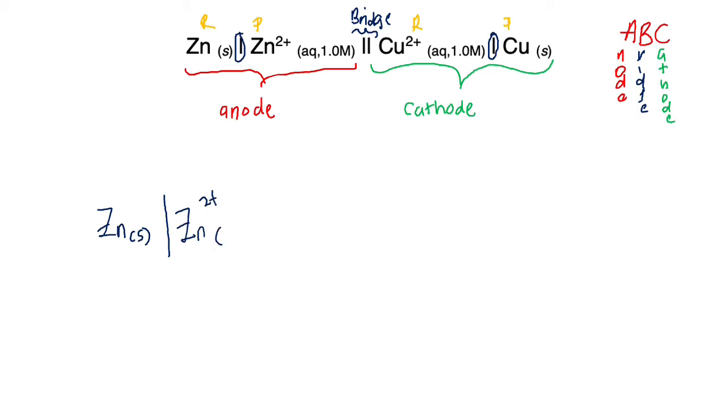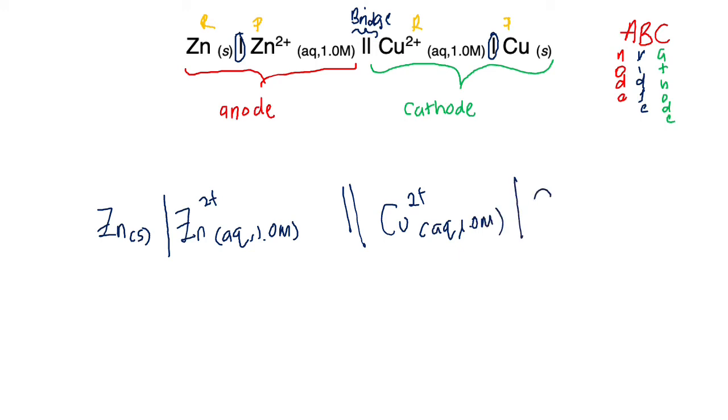The state is aqueous, and if they give you the information about the concentration, write it. So 1.0 M. And then the bridge, and then copper 2 plus, again the state, which is aqueous, and 1.0 molar if given.